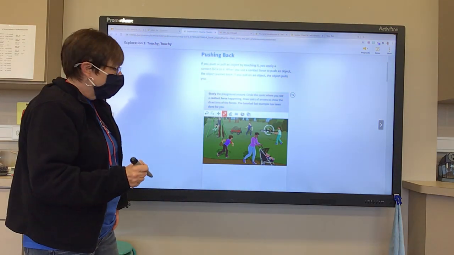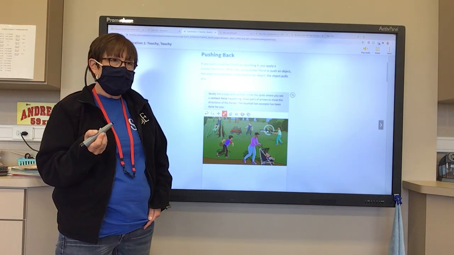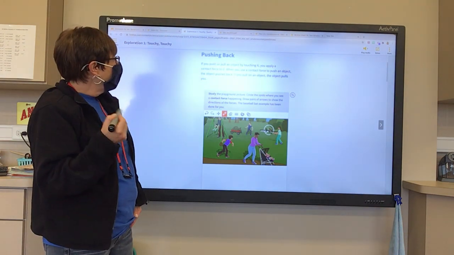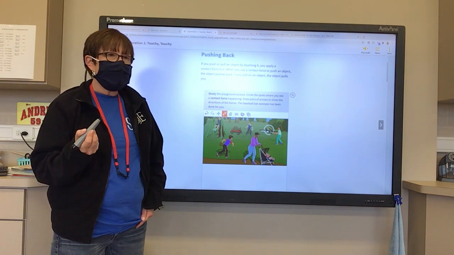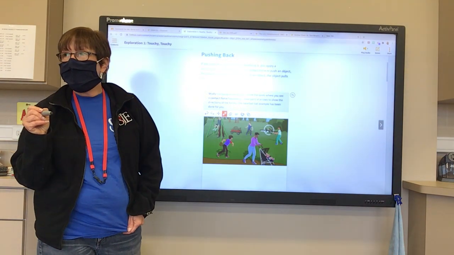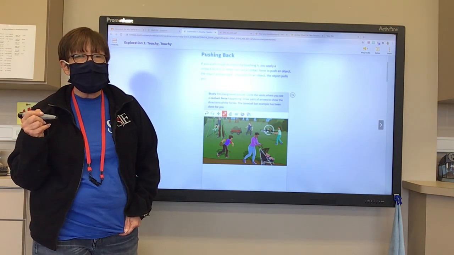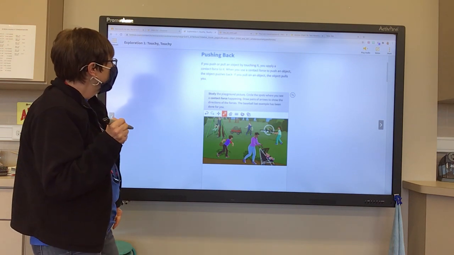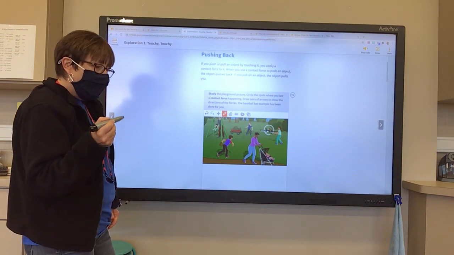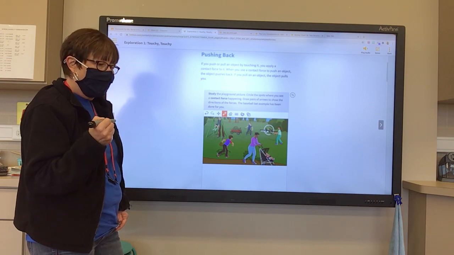So do we see another place where we have contact force? What is the contact force? Where's another place where we have contact force? Kelsey? The swing. And so what is the contact force in the swing and what are the directions it's going in?